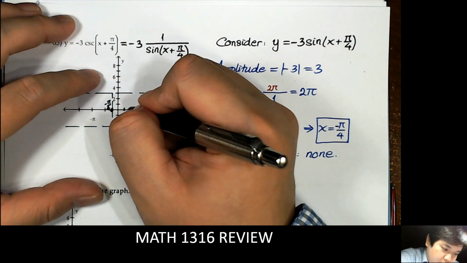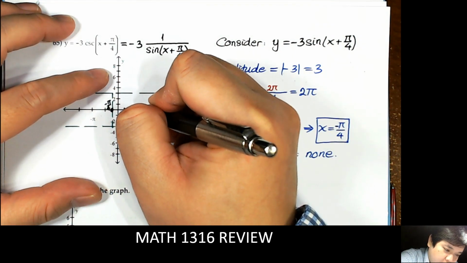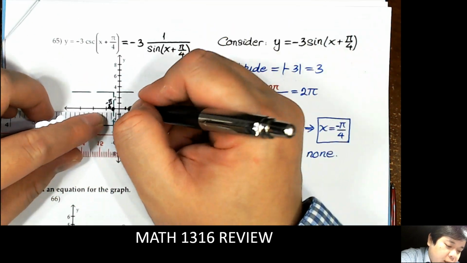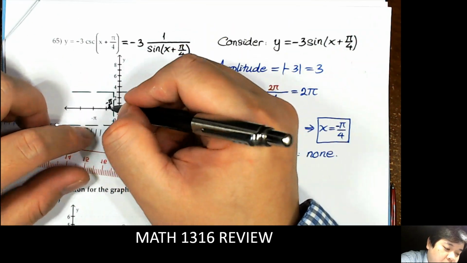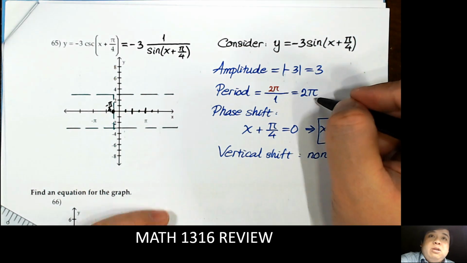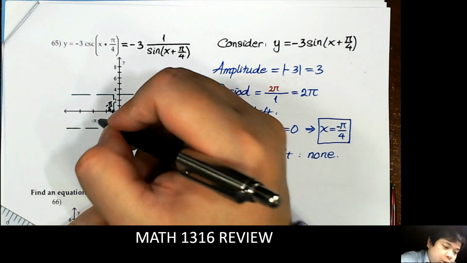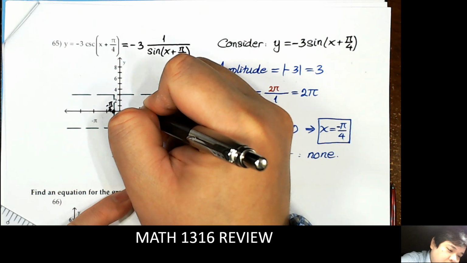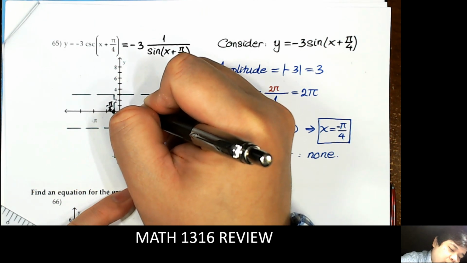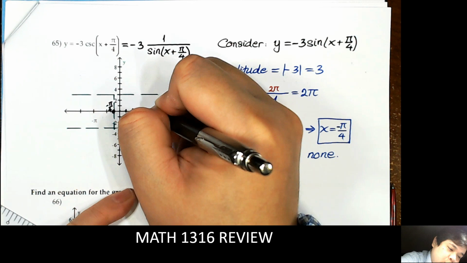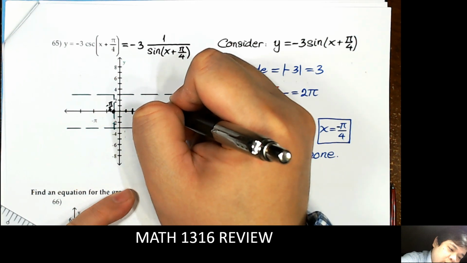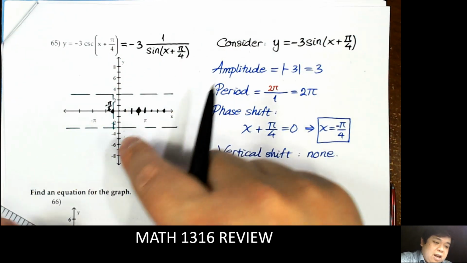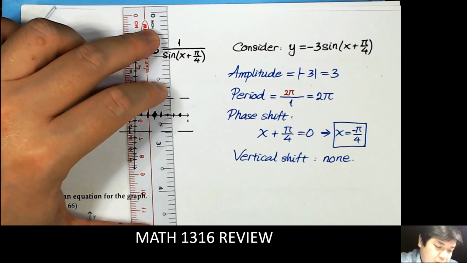Each tick is going to be pi over 4, so we have 1, 2, 3, 4. That is the midpoint. 1, 2, 3, and 4. That length is 1 period.